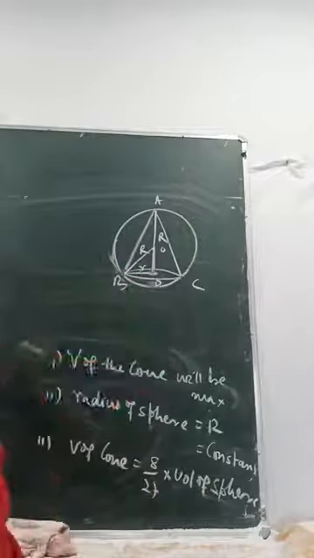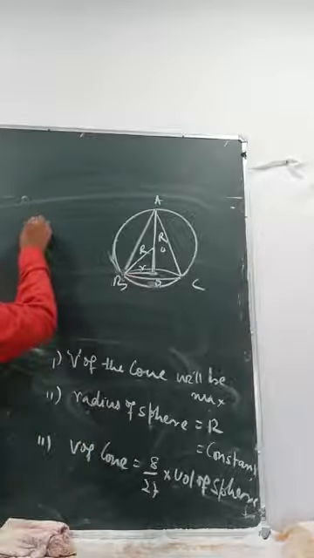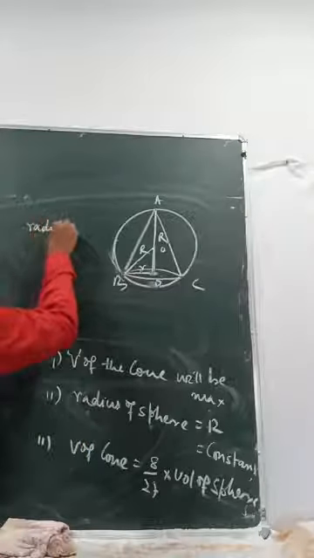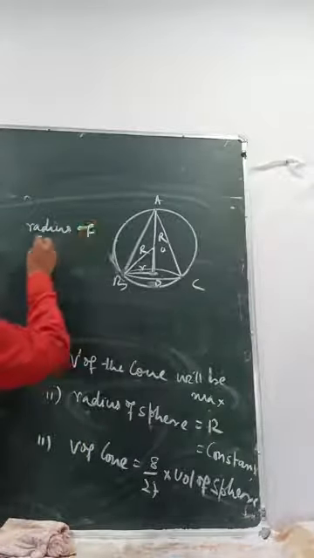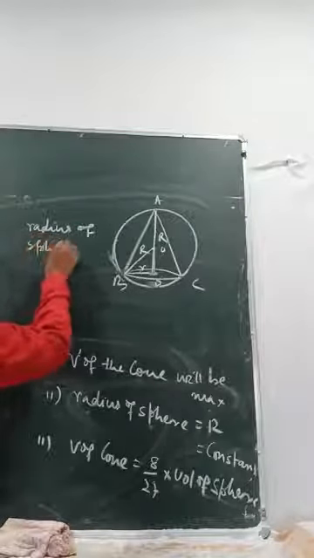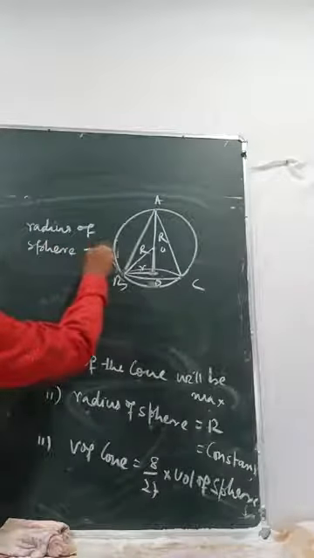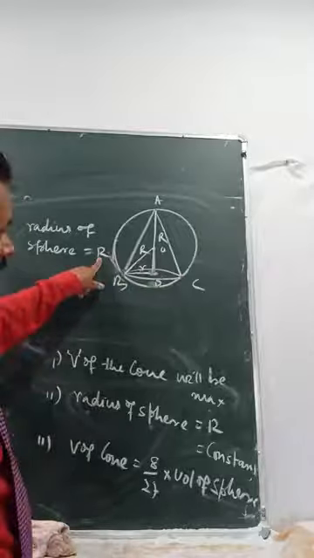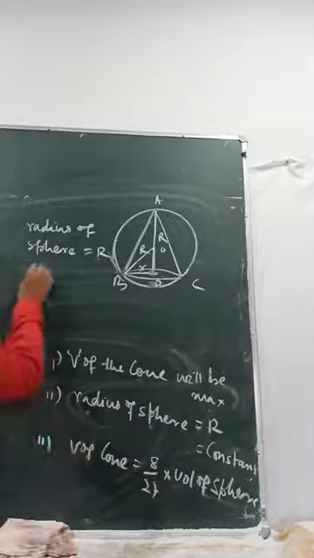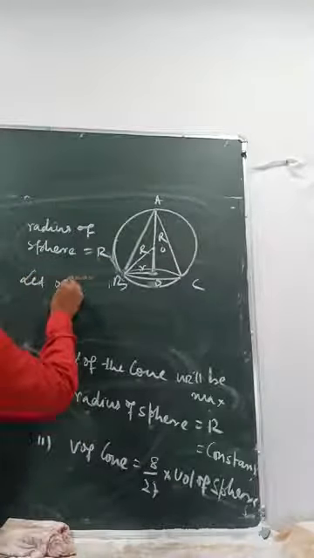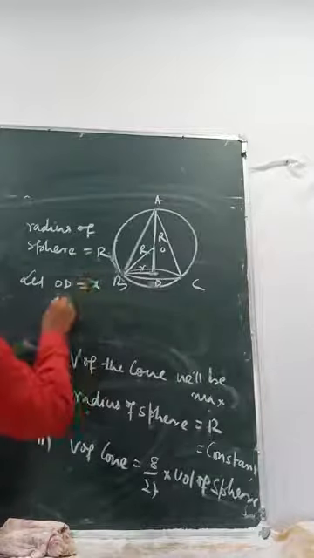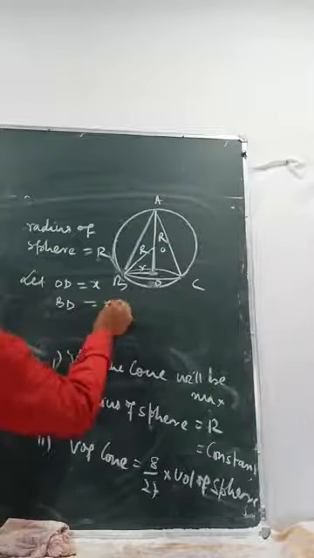Okay, let's collect here. Radius of sphere, that is r. I have told you this is constant. Now let OD equals to x, BD equals to small r.